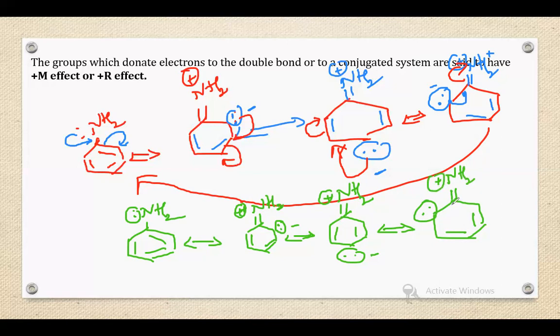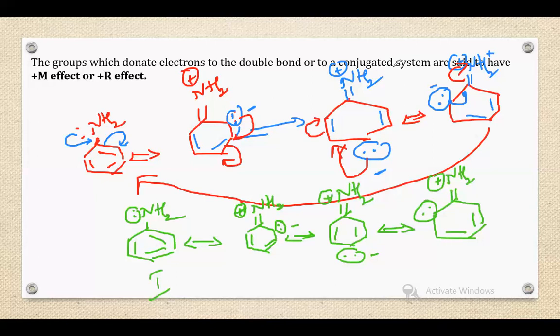If this shifts here, it goes back to its original position. We get the first structure as it is. So this is how resonance, meaning delocalization of electrons, takes place. This is called the positive resonance effect, plus R effect, or positive mesomeric effect. Are you getting it?